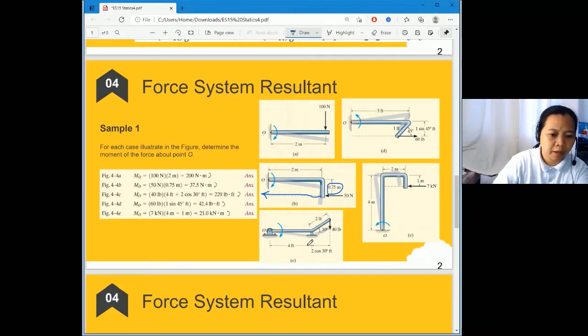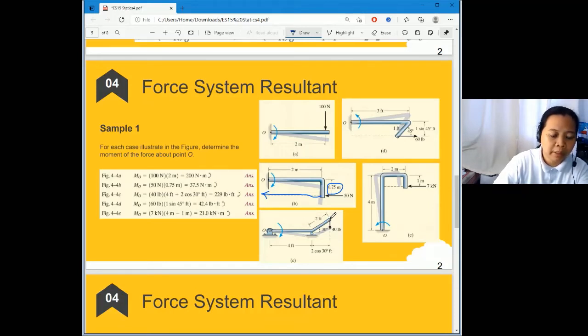The third problem, we have this system here. It's not fixed supported, it is a pin and roller here. And then you have an applied load of 40 Newton at the end.